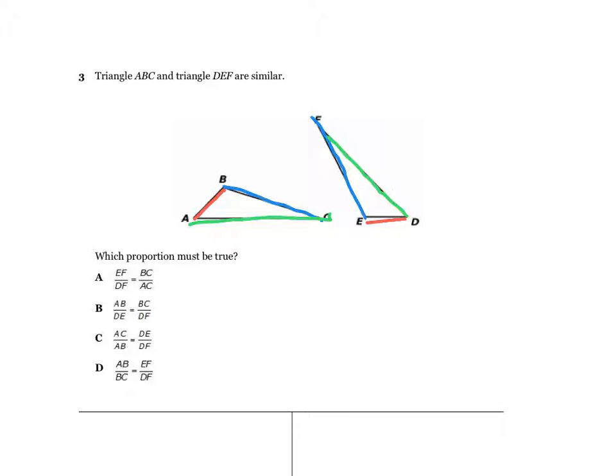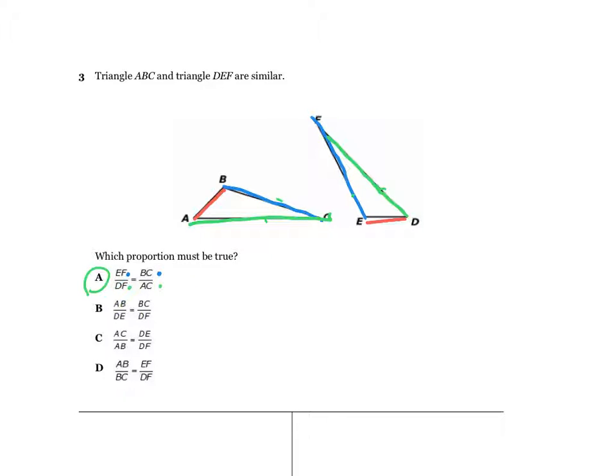EF is blue, DF is green, BC is blue, and AC is green. So it looks like that works. Okay, so it went blue, green, so I think that's it.